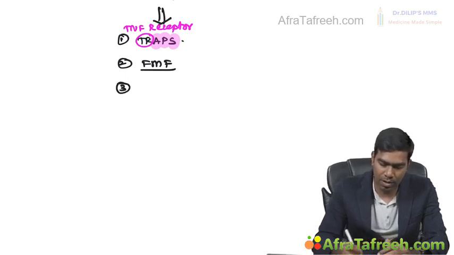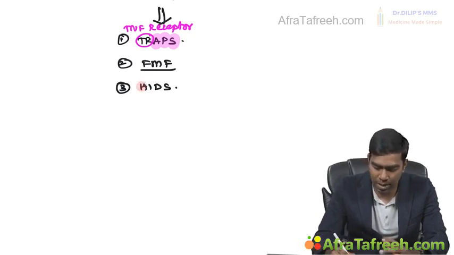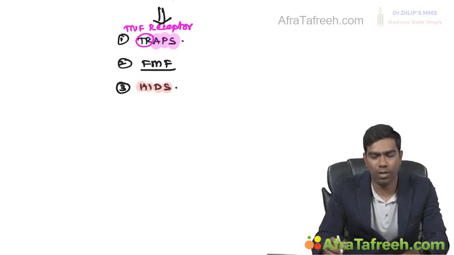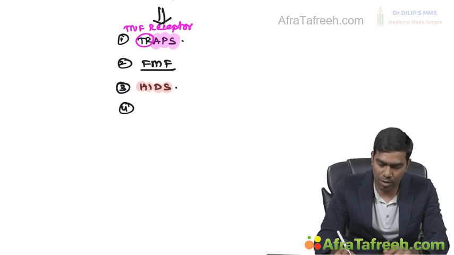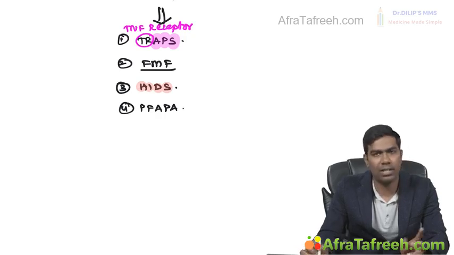And third one, you have something called HIDS. That's called hyper IgD syndrome, or hyperimmunoglobulin D syndrome. And fourth one, you have something called NOMID, but NOMID will not come under here. So fourth one, you have something called PFAPA syndrome, which stands for a lot of things.